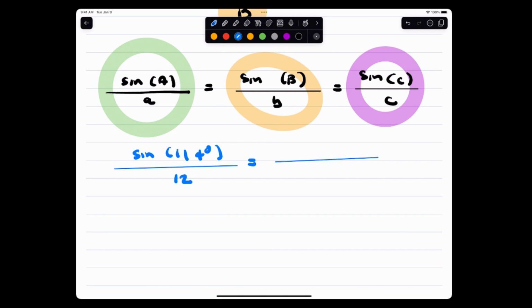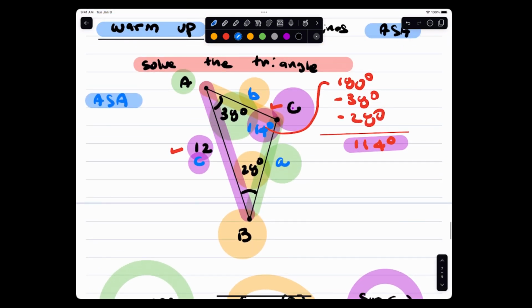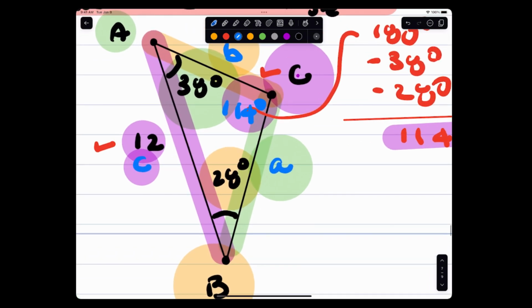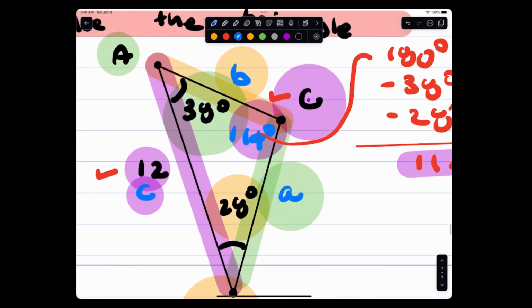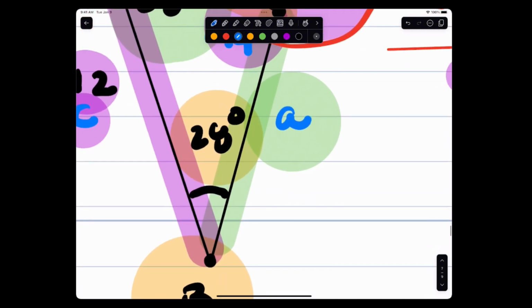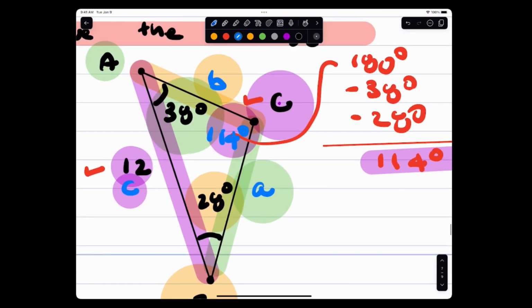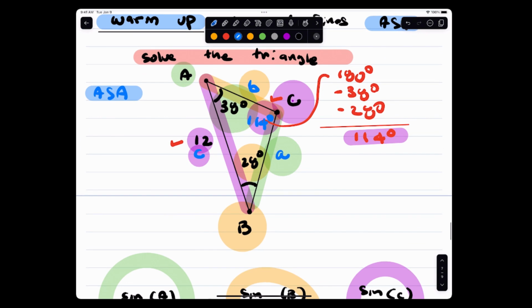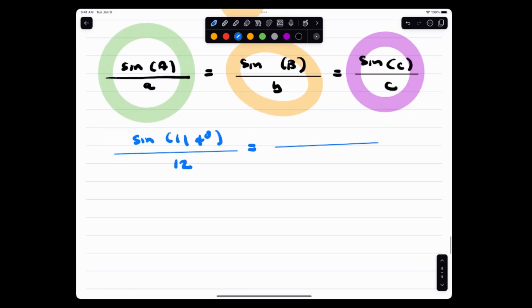And then you can set that equal to any ratio that has a missing value, like you said B. So for B, what's the corresponding angle for B? What's the opposite angle? You guys are looking at it. It's 28. So you're going to say sine of 28 over what?